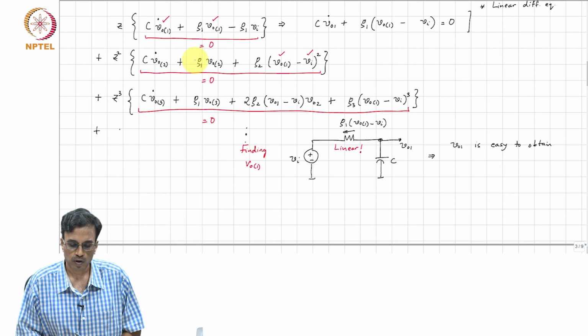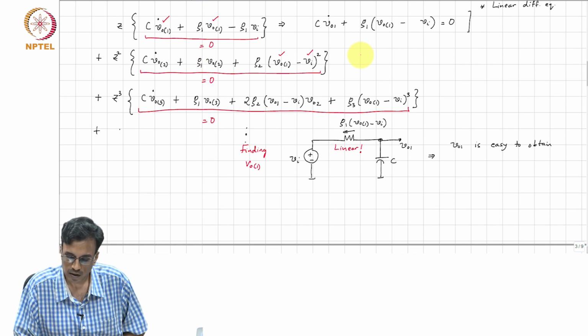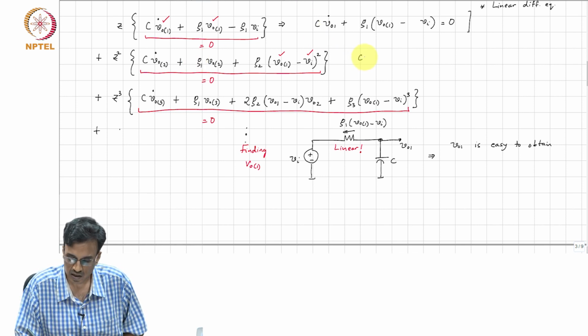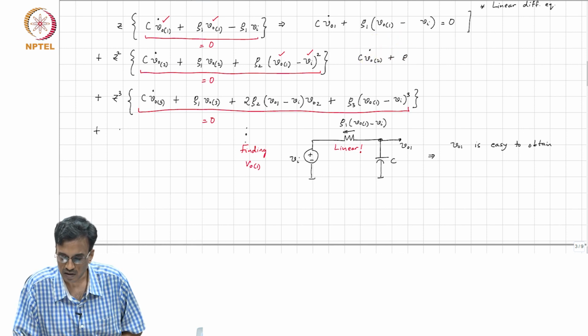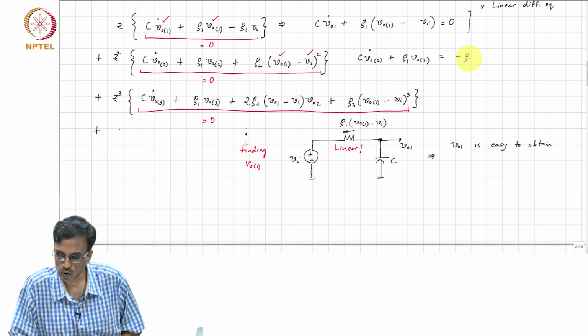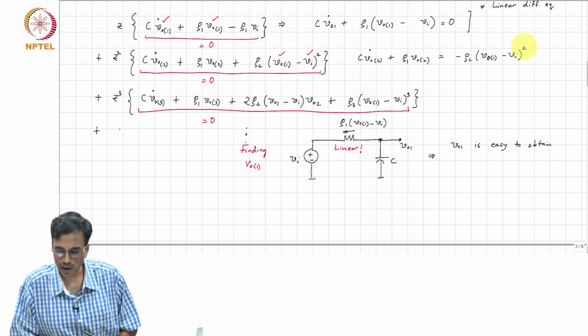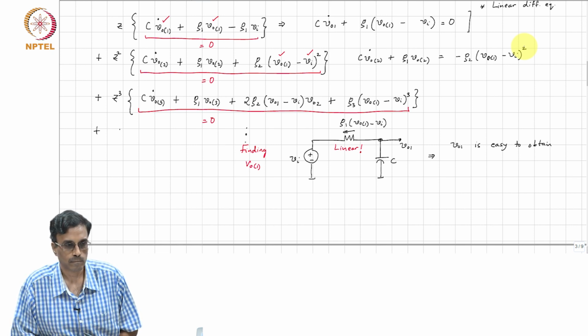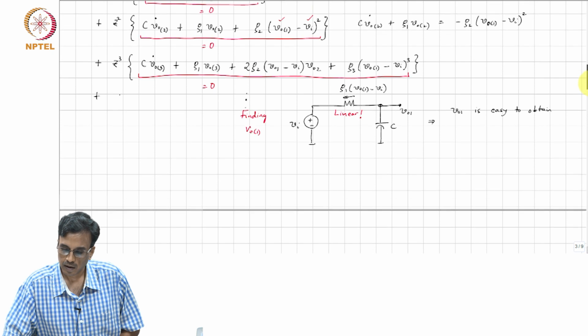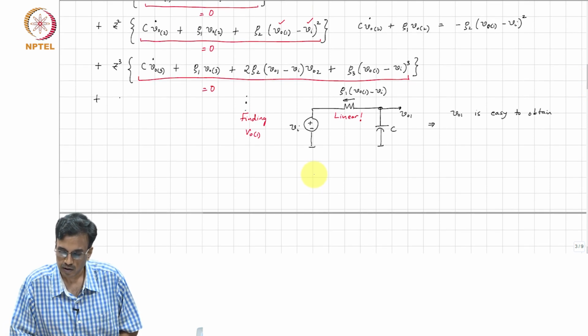And therefore, C V02 dot plus G1 V02 equals minus G2 times (V01 minus Vi) the whole square. So, how does this look? This is the input, which is (V01 minus Vi) whole square.